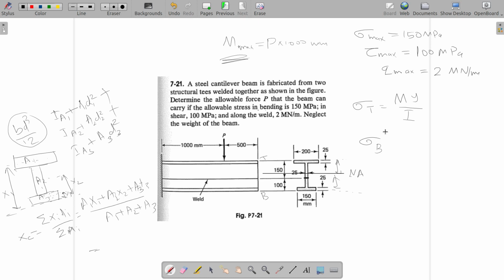So here, which will be the maximum value of bending stress, top or bottom?